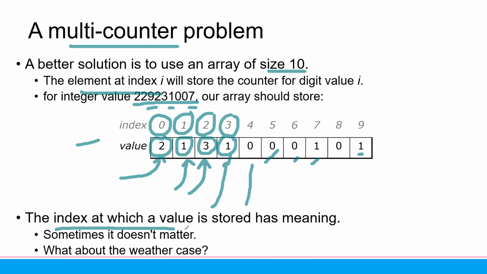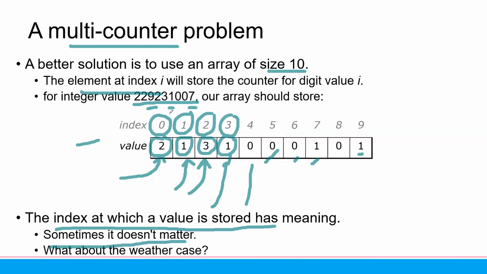The index at which a value is stored has a meaning, but sometimes it doesn't matter. Say I want to make a weather program, which is a little different from this one. For example, index 0 is the weather in location 0.